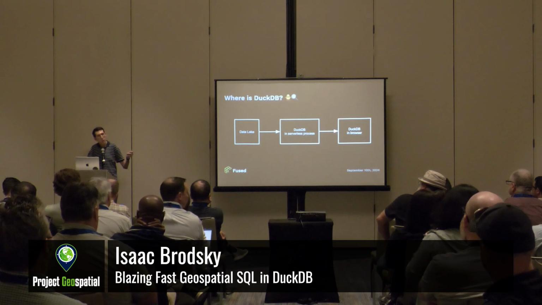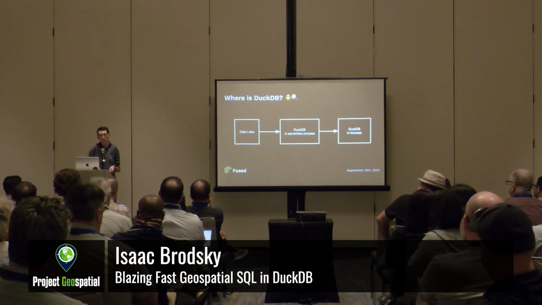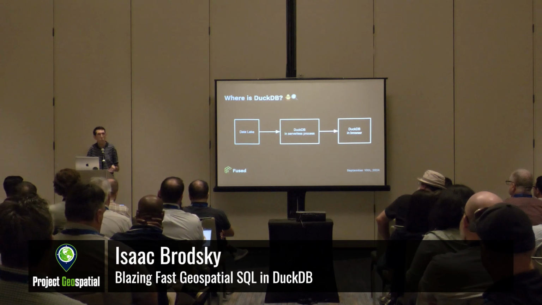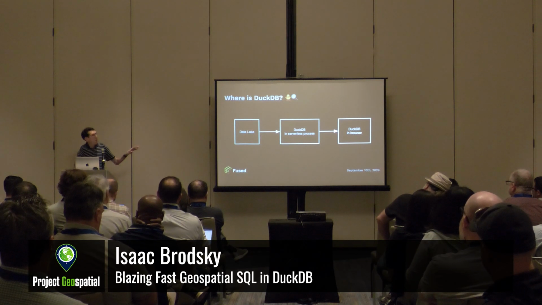And then you could have a DuckDB instance on the front end, which is receiving that and allowing the user in real time to make queries on this data and to explore it, filter it, pivot it, whatever they want to do. Again, this is not prescriptive. This is just some ways that you could use it.